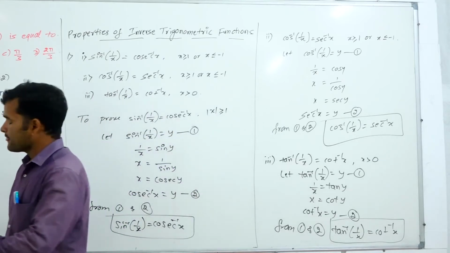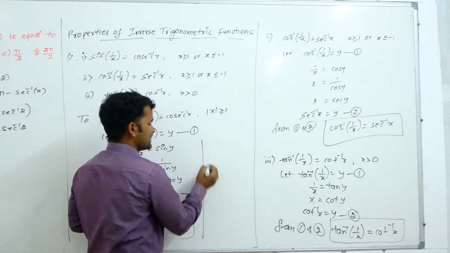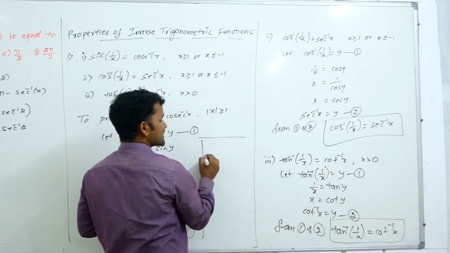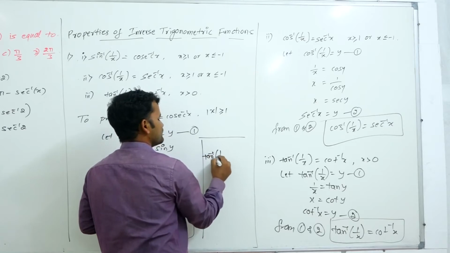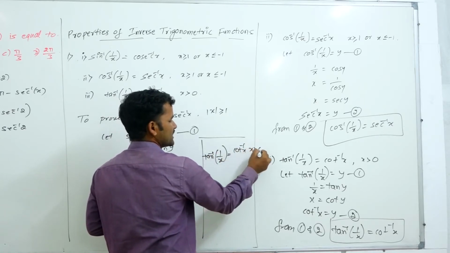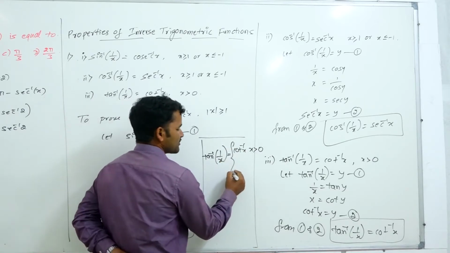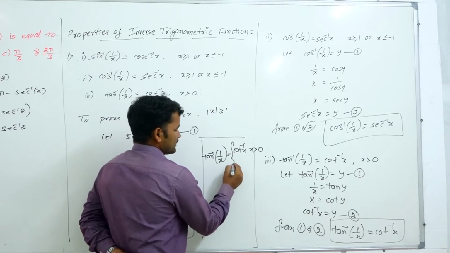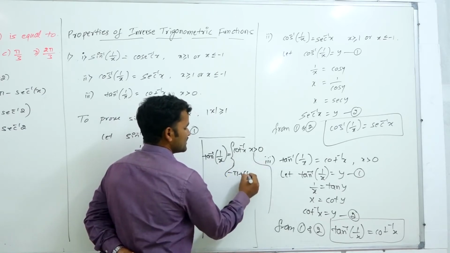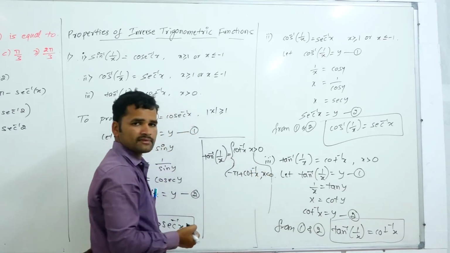Simple one. See, in this case, third one, tan inverse of 1 by x is equal to cot inverse of x only when x values are greater than 0. Suppose x value is less than 0, we can remember the formula, that is minus pi plus cot inverse of x when x values are less than 0.